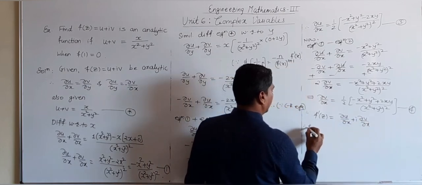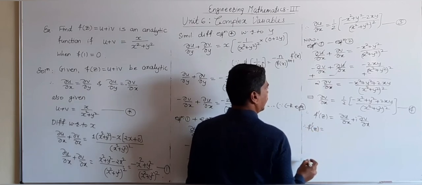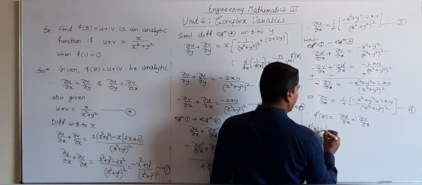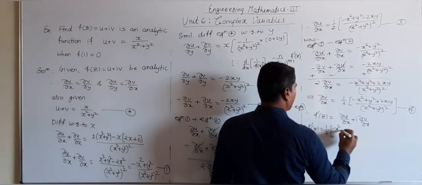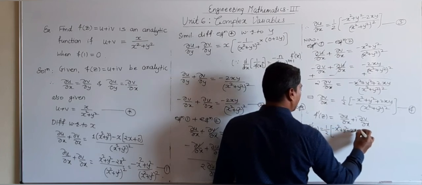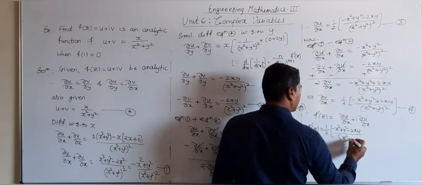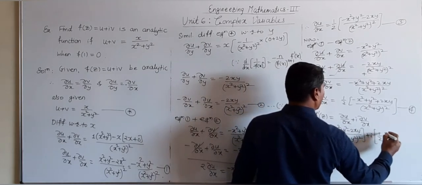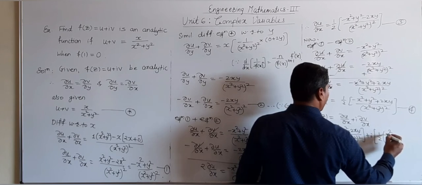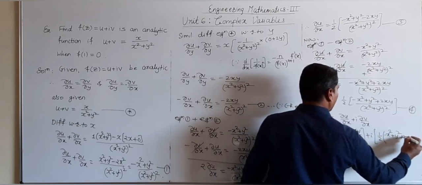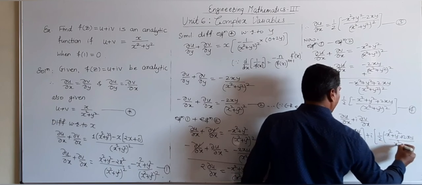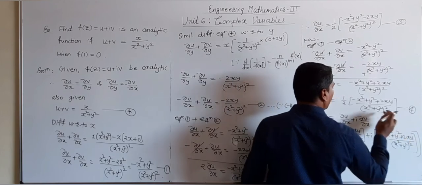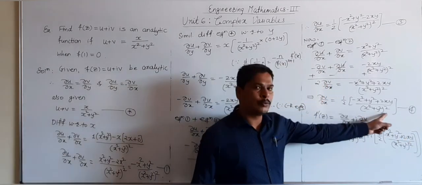And therefore f'(z) is equal to, now from equation 3 put the value of ∂u/∂x, which is 1/2 × [(-x² + y² - 2xy) / (x² + y²)²], plus i × 1/2 × [(-x² + y² + 2xy) / (x² + y²)²], by replacing the value of ∂v/∂x from equation 4.